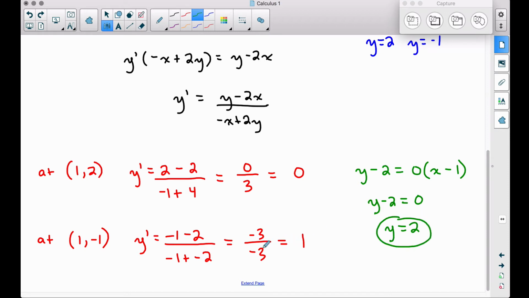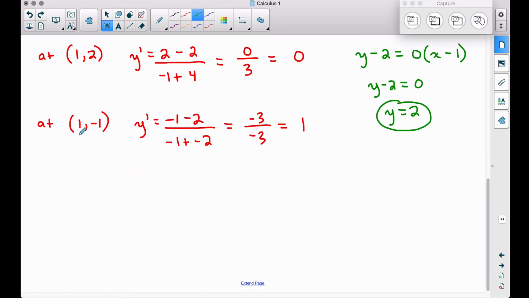Let's go ahead and repeat this process for this point here using this slope now, and then we'll go over into Desmos and see that both of these tangent lines do work out right. So using this point and this slope now, we now have y minus y1, that's a negative 1. So how about I go ahead and say y plus 1 equals m, our slope of 1 times x minus x1, which is a 1.